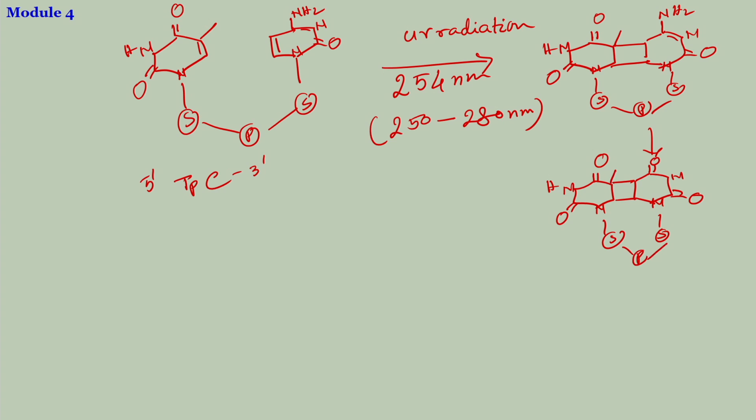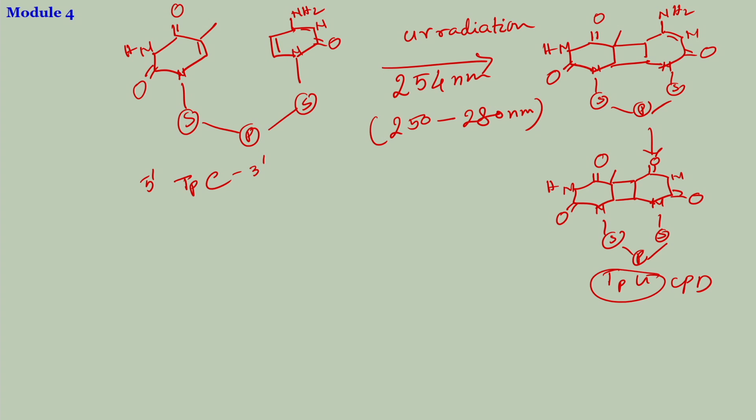Thymine. So, you get thymine, uracil CPD. I am not writing the stereochemistry, it majorly of course is the cis-syn, and then additionally you can have the trans-syn and the cis-trans, cis-anti configurations.